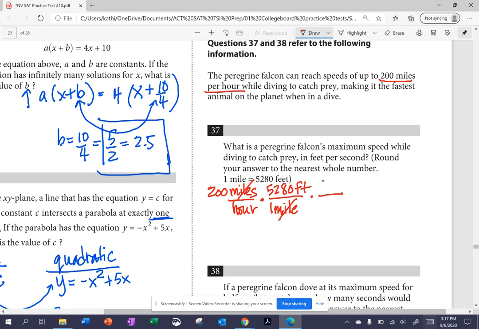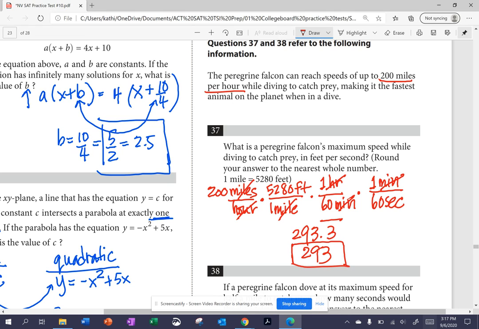And in hours, I have 1 hour is 60 minutes, and 1 minute is 60 seconds. So solving, I get 293.3 repeating feet per second. And it says round to the nearest whole number, so my answer is going to be 293.